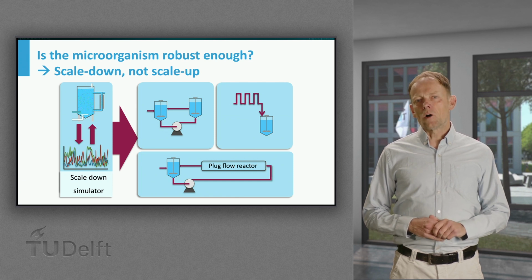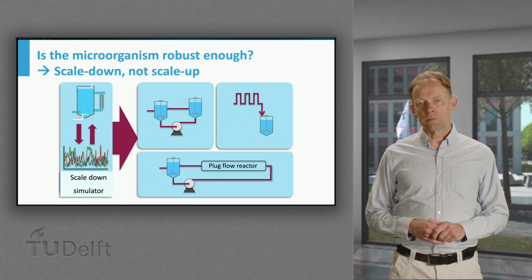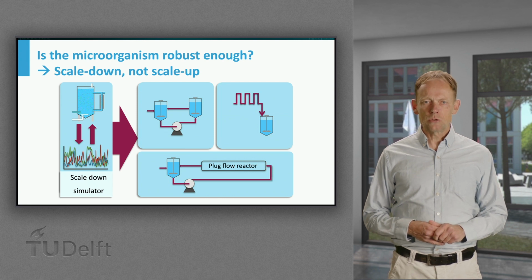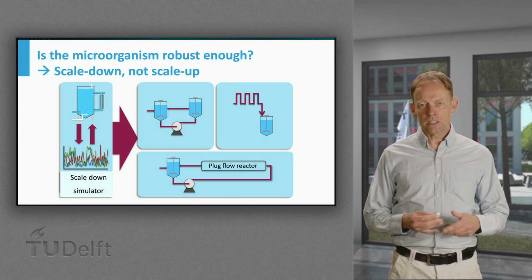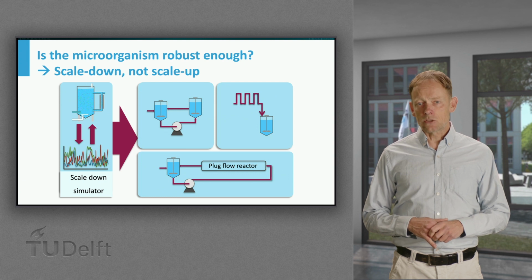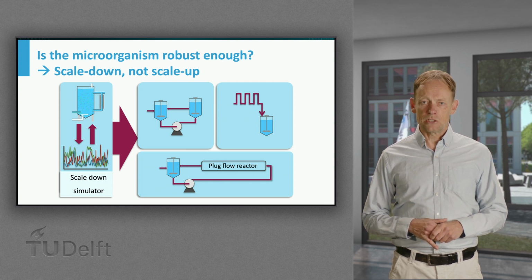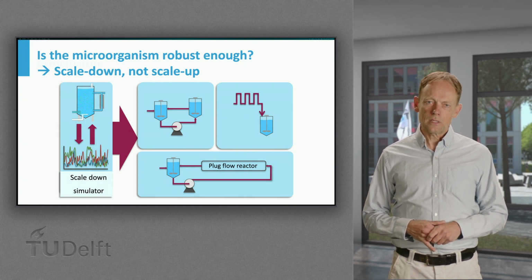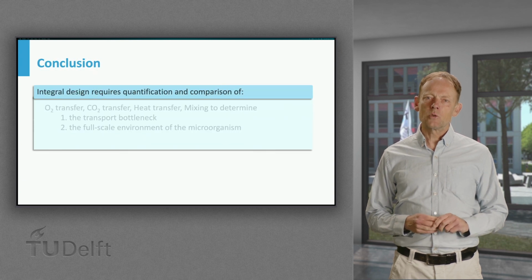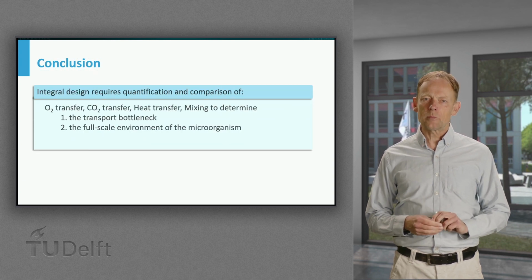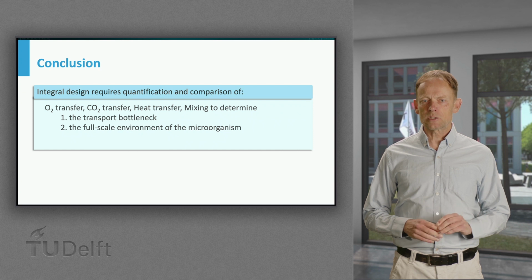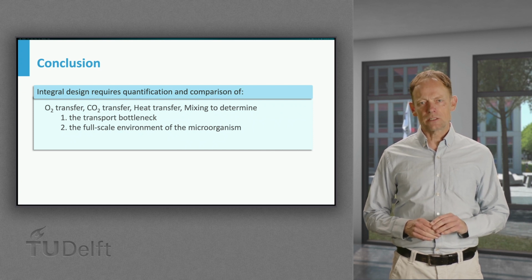This could be overcome by deploying a variable operation protocol with fast and slow sugar pulses or other feedstock pulses and continuously changing aeration conditions. I advocate that when you manage to apply the scale-down method in this way, scale-up surprises can be minimized.